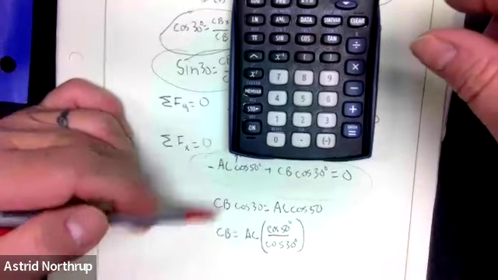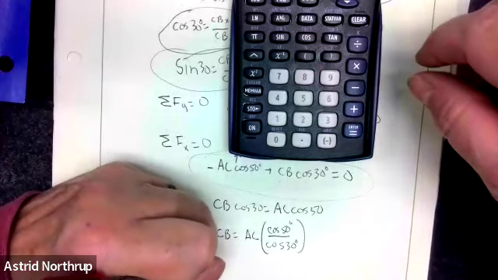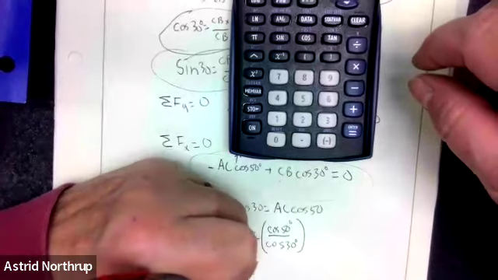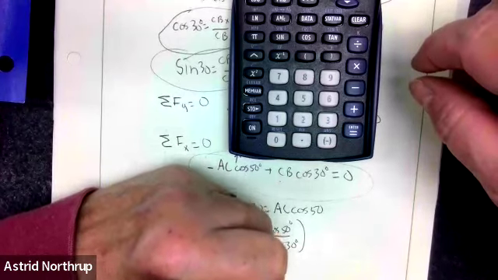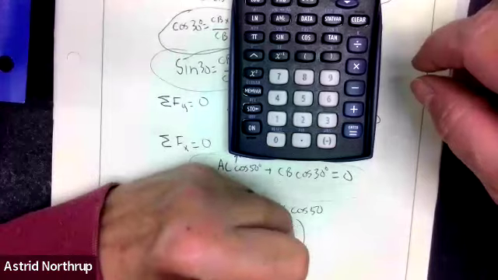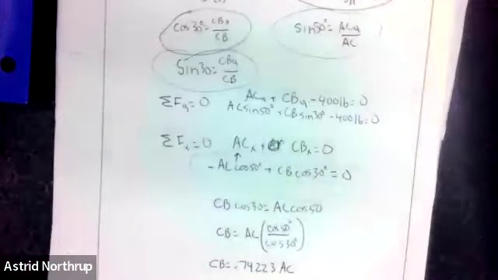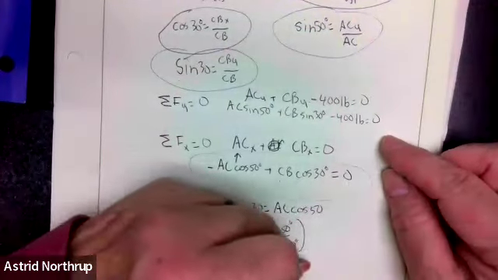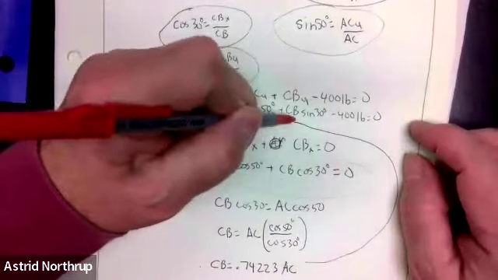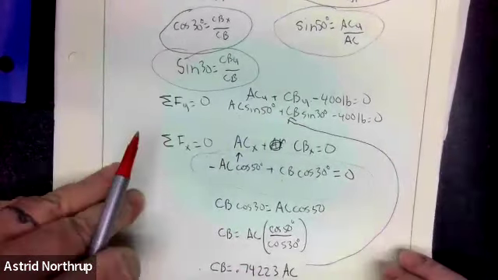And that value is 0.742227, or CB is equal to 0.74223 times AC. Then I can plug that into the other equation right here for CB, and I'll have one equation and one unknown.